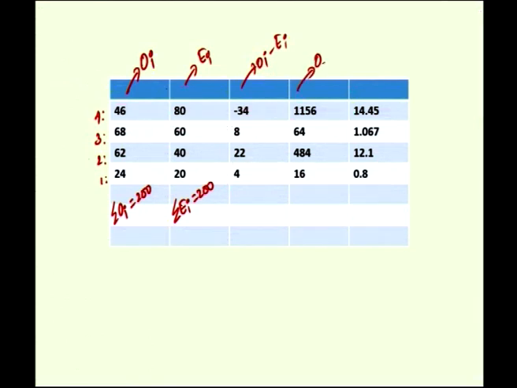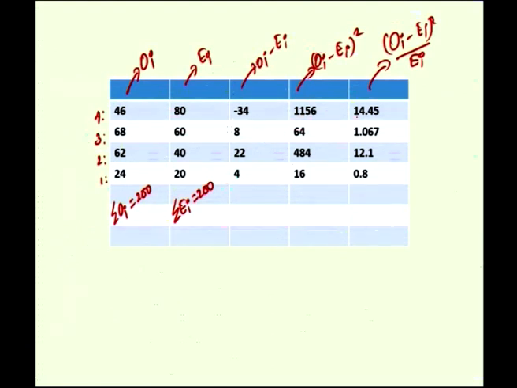Then this one is OI minus EI whole square. Then this particular column is OI minus EI whole square by EI. Okay. OI minus EI whole square is 1156.